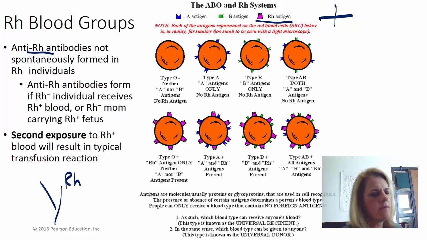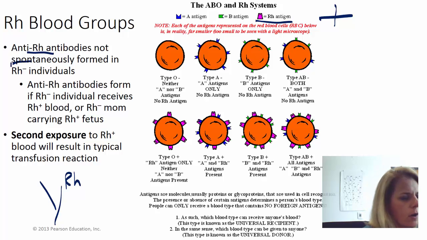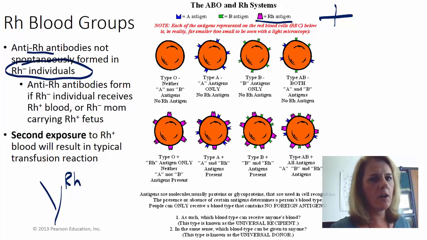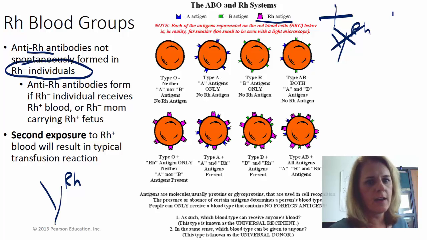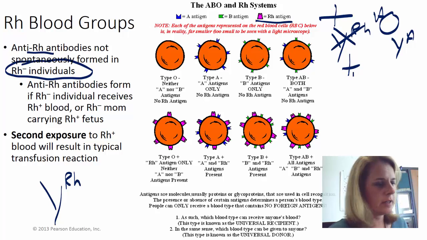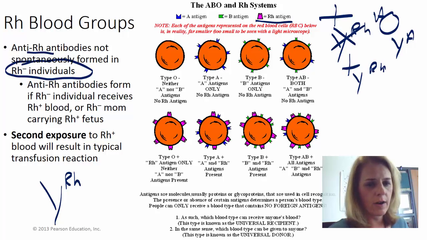We don't have these in Rh negative people, okay? So if you have the Rh antigen, would you have the Rh antibody? No, because remember, you don't form antibodies to your own antigens. If I have A blood, I don't have an A antibody, correct? If I have positive blood, then I don't have anti-Rh. So you kind of assume that someone that's Rh negative is going to have that antibody. Well, they don't really have it.